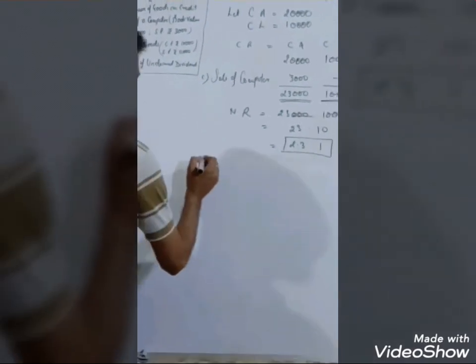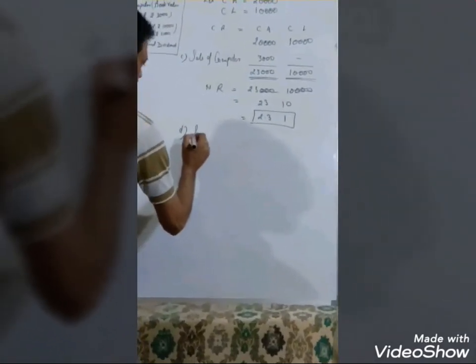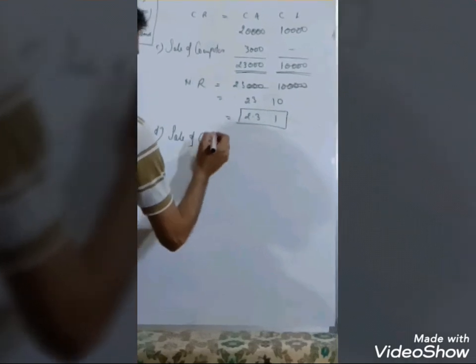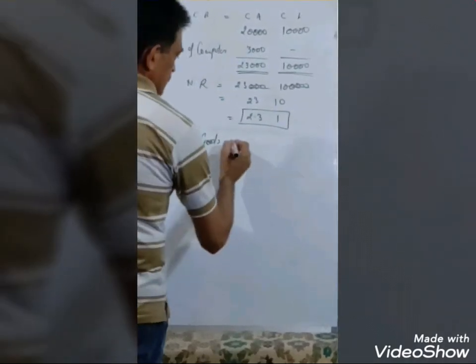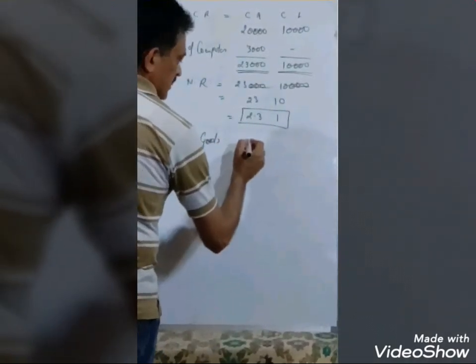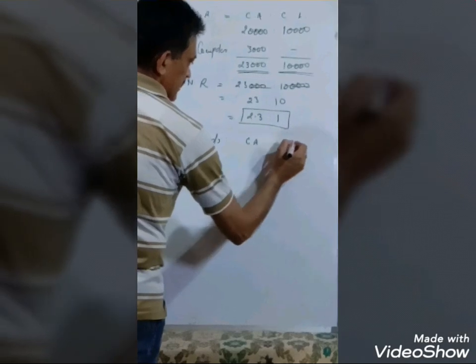Now we will take another transaction. Sale of goods, cost price rupees 10,000 and selling price rupees 11,000. Sale of goods. Our current assets and current liabilities.